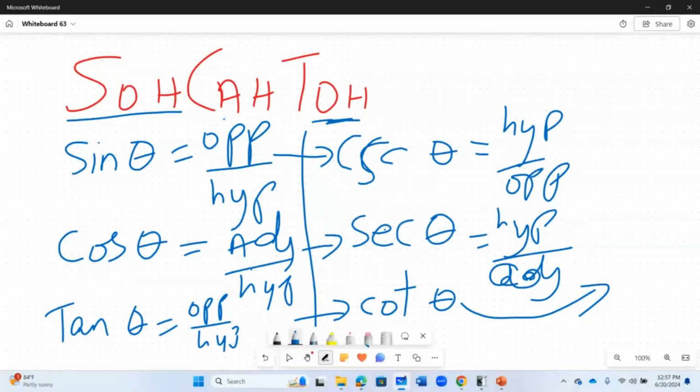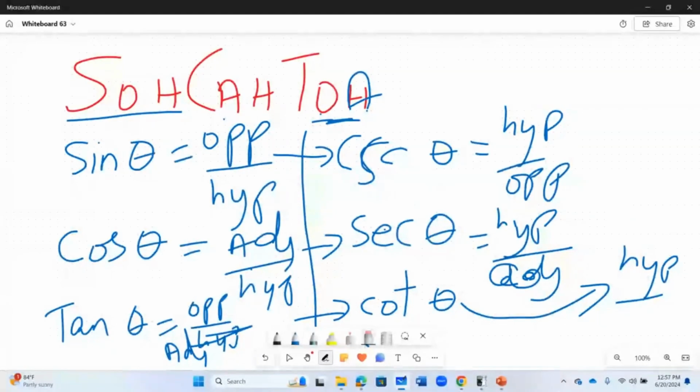By the way, let me go back to cotangent, which is the reciprocal of tangent. Therefore, it is hypotenuse over opposite. Not hypotenuse, by the way. Tangent is opposite over adjacent, SOHCAHTOA, forgive me for that. So let me go back and say cotangent is adjacent over opposite.